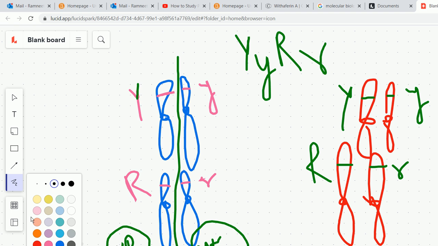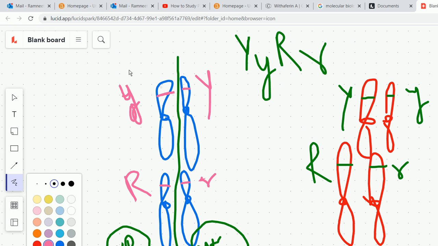But what will happen if the orientation was different? Which means that suppose the orientation was like this. Suppose small y is on this side and capital Y is on this side. Then what will happen?